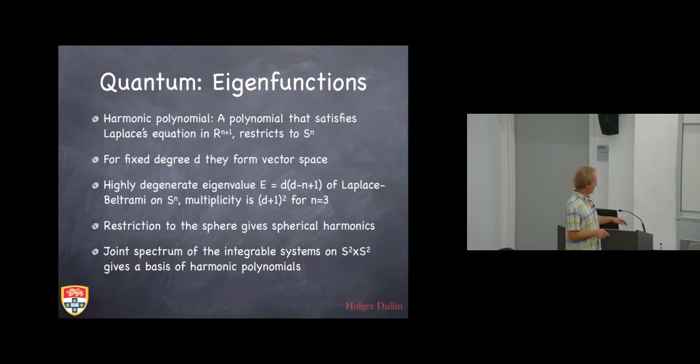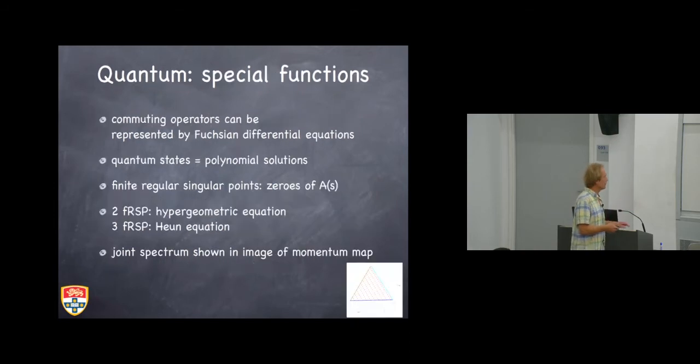Right, so they have very, very high degeneracy, and if you restrict these harmonic polynomials to the sphere, then you get spherical harmonics. So this is also related to this star, of course. And this is what I said: the joint spectrum of our integrable system on S^2 x S^2 gives a basis for these harmonic polynomials, different bases depending on the parameters.